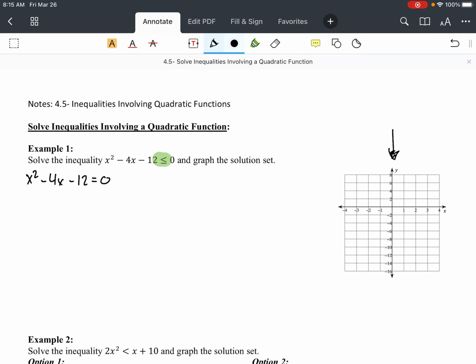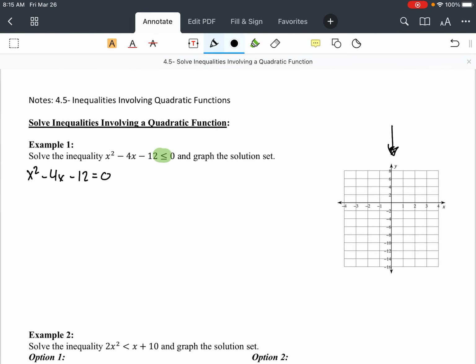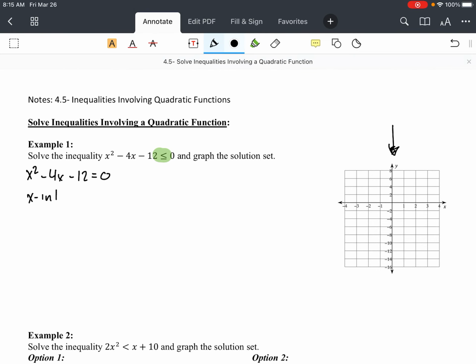So the first thing I would do is I would say, okay, what is maybe the x-intercept? The x-intercepts are where y is equal to 0. It's already set equal to 0, so we simply need to try to factor this. You can either factor it or you can use the quadratic formula.